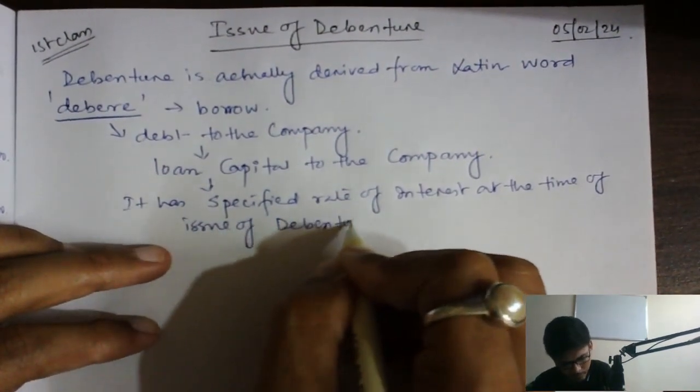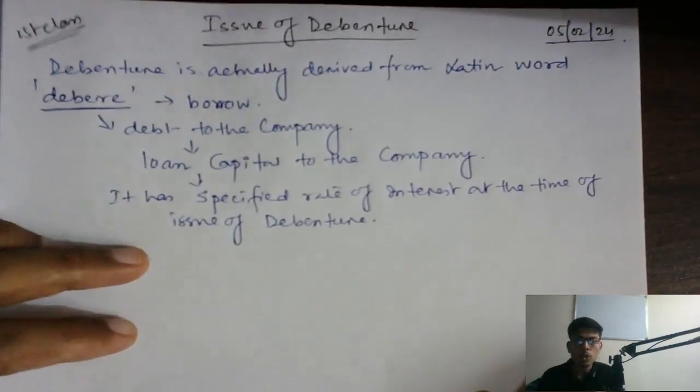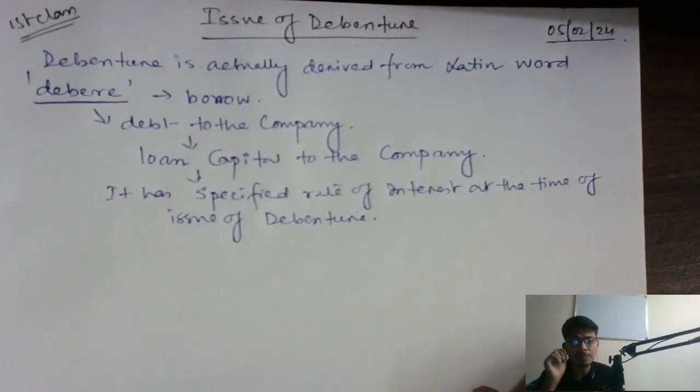Correct? So when you issue the debenture, you need to mention a specified rate of interest in the debenture prospectus, because the public has to know how much interest you are going to pay them. That's a very first and important thing.